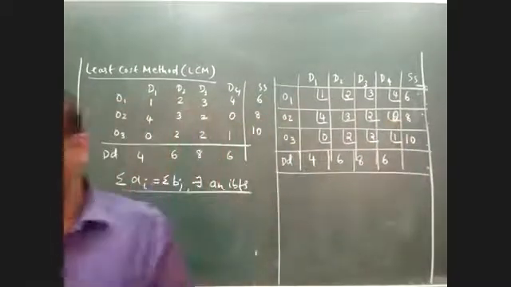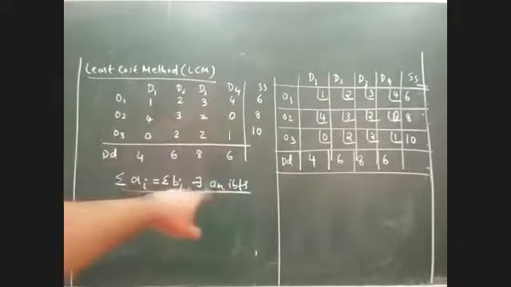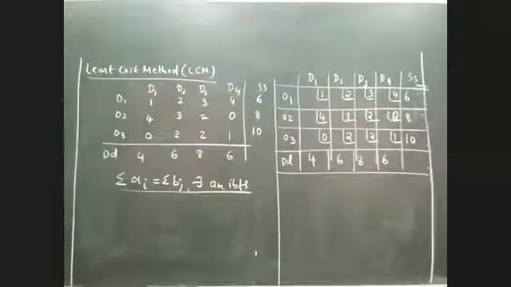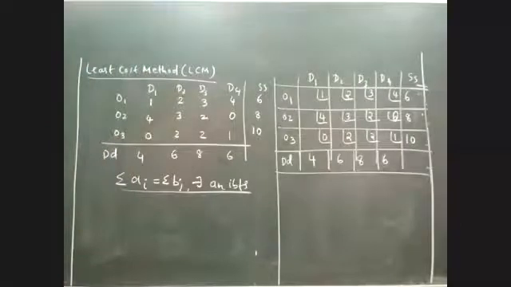Now there is a problem. Whenever the lowest value happens to be repeated, which value has to be considered? Should I consider the O3 value or the D4 value? Now there is a fix. The rule says, whenever the lowest value is repeated tied, you can select any of these values randomly. Either I can take O3 or I can take D4. It is up to you.